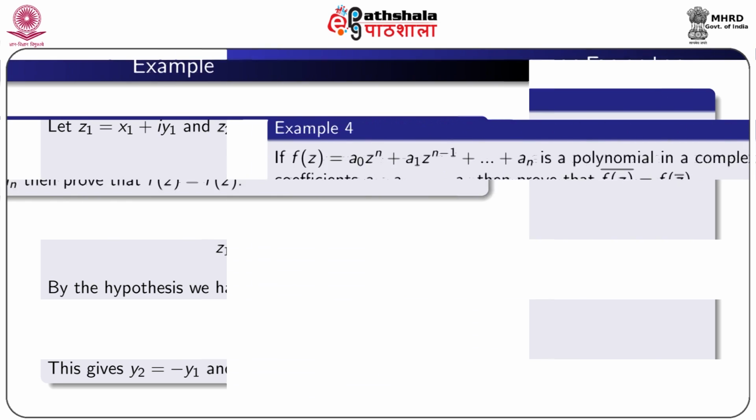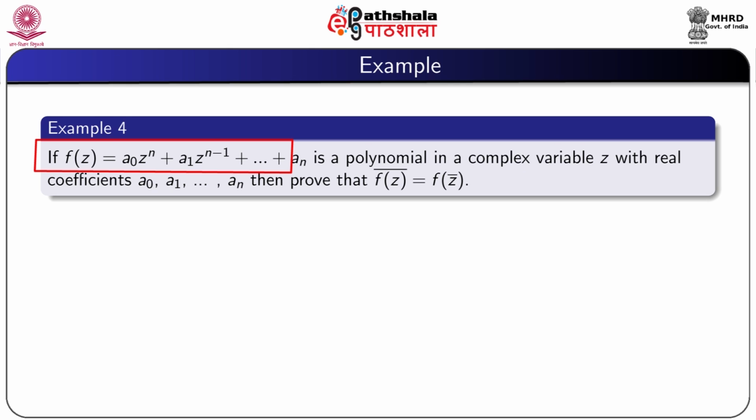Another example: if f(z) equals a0 z^n plus a1 z^(n-1) up to an is a polynomial in a complex variable z with real coefficients a0, a1, up to an, then we have to prove that the conjugate of f(z) is equal to f of the conjugate of z.